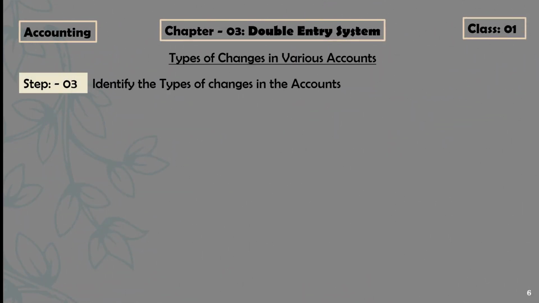Then step 3, identify the types of changes in the accounts. Now we will identify how these accounts have changed due to the transaction. Here is my flow diagram, so that we can use it when we need it.